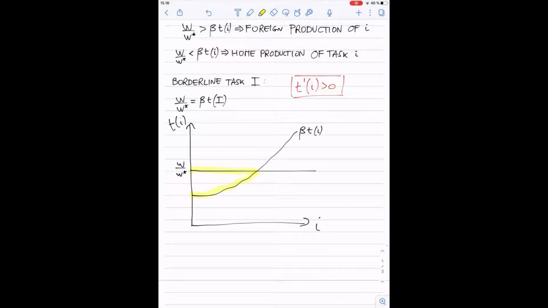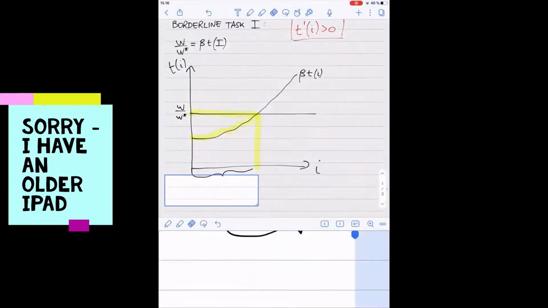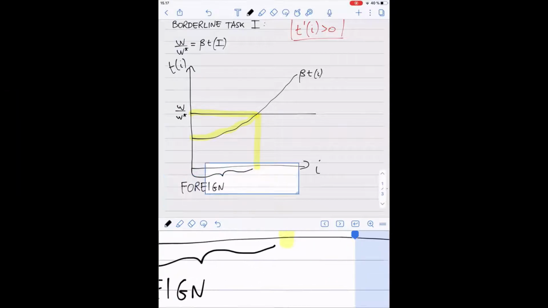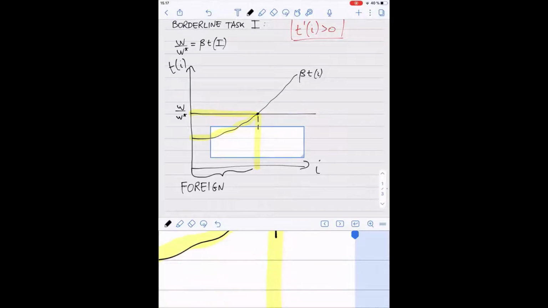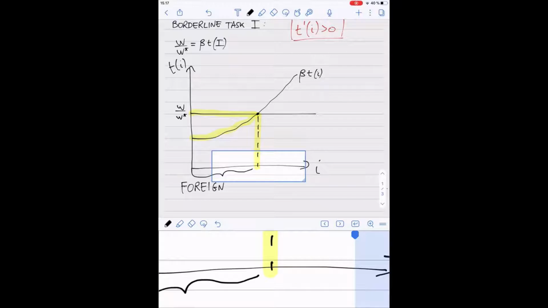And so what you're going to do with that? Well, you're going to do that part abroad. Right? Now, when the relative wage equals beta Ti, what we have is our borderline task. And this is the borderline task, capital I.